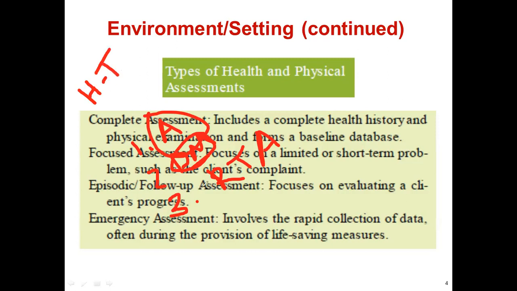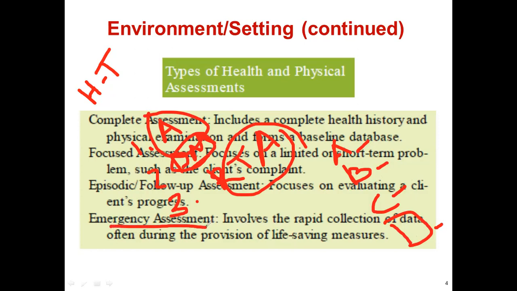But when the patient is a road traffic accident, we must check or follow the ABCD law, right? We have to check first airway, we have to check breathing, we have to see any kind of active bleeding or circulatory collapse. Then we look for any kind of disability and remove your patient from the source of danger. So this is emergency assessment.